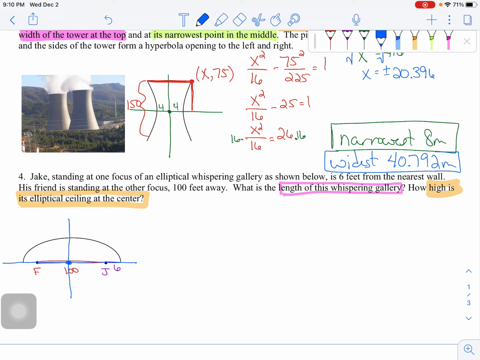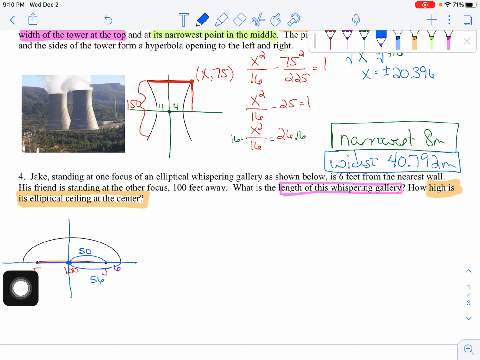All right. So a couple things I notice. I'm going to notice that my center is (0, 0), and from the center to Jake is going to be 50 feet. From the center all the way to the absolute edge of the ellipse is going to be 56 feet.